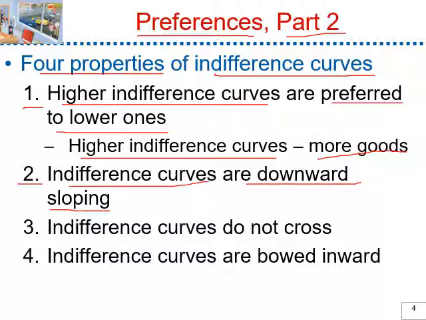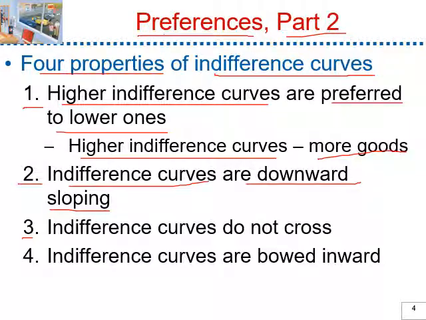In most cases, the consumer likes both goods. Therefore, if the quantity of one good is reduced, the quantity of the other good must increase for the consumer to be equally happy. For this reason, most indifference curves slope downward, or have a negative slope.